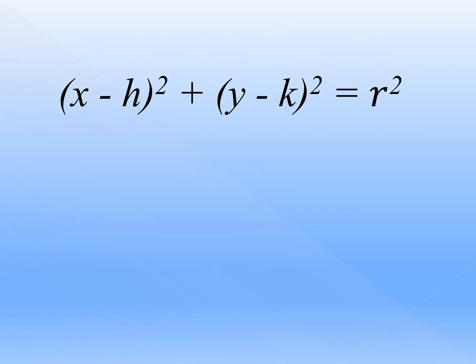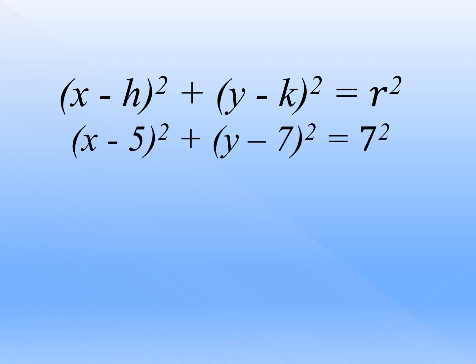Copy the standard form of the equation of a circle, and then substitute the value of the center, which is (5, 7), and the radius, which is equal to 7.